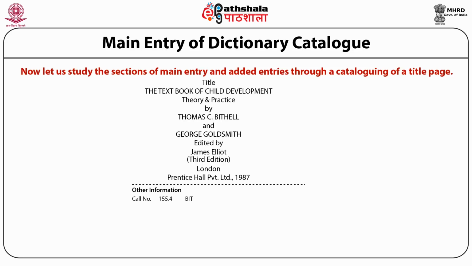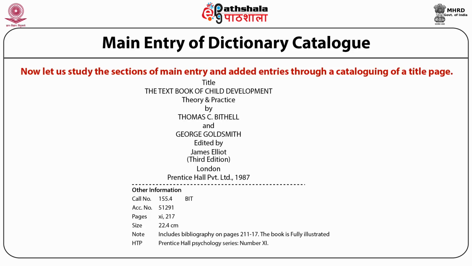It is imprint information. Other information. Call number 155.4 BIT. Accession number 51291. Pages, preliminary pages 11, 217 text pages. Size 22.4 cm. Note, includes bibliography on pages 211-217. The book is fully illustrated.